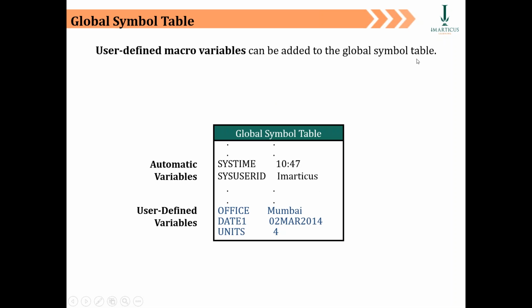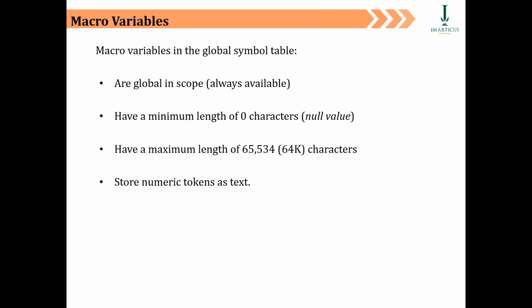Then user defined macro variables can also be added to the global symbol table. In this particular case, some macros were created like office, date, and units, which were also printed along with the global symbol table. The macro variables in the global symbol table are global in scope and always available, have a minimum length of 0 characters, the null value, have a maximum length of 64K characters, and are stored as text.